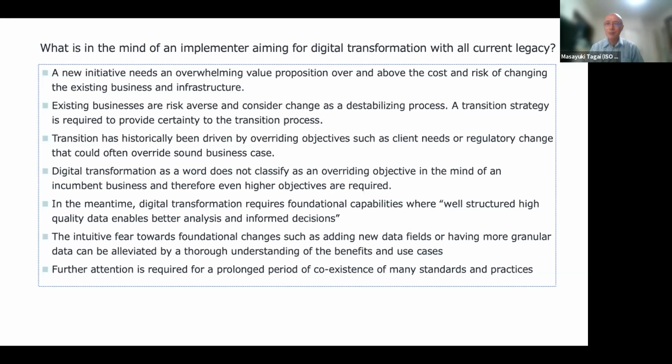But I think in the world of digital transformation, as we are facing, making sure that you have the right data, very, very well defined, high quality data in the right structure so that the machines can read it, that kind of thing should become a higher objective. Today, we don't have that higher objective.